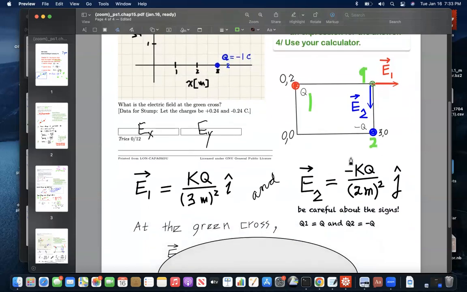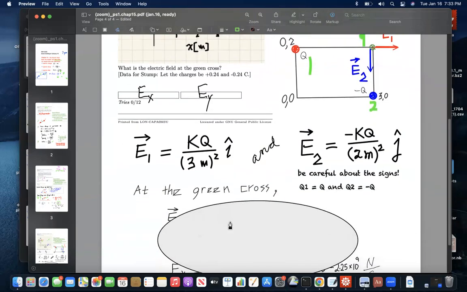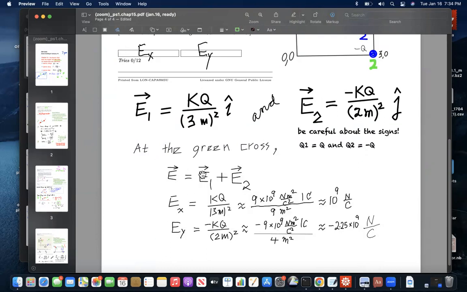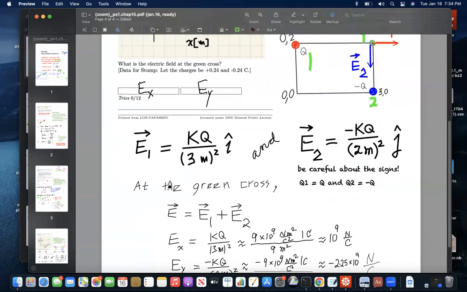So you have to be a little careful about the signs. Q1 is a positive charge, Q2 is a negative charge. All right, so those are the necessary equations. I figured out electric field 1 and electric field 2, and now the answer will just be the sum of the two vectors. E1 plus E2 will be the electric field at the green cross.